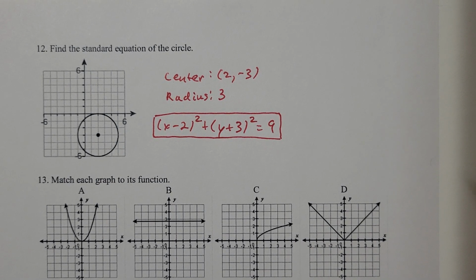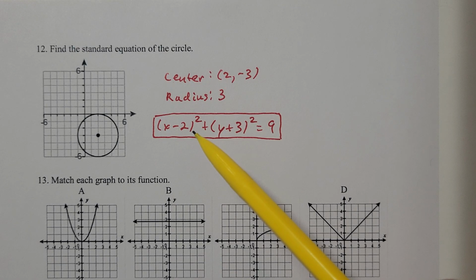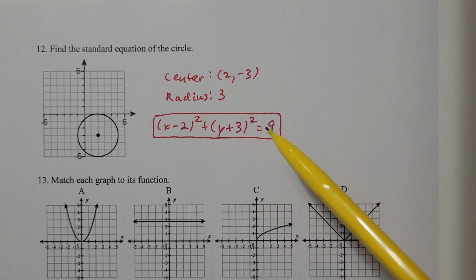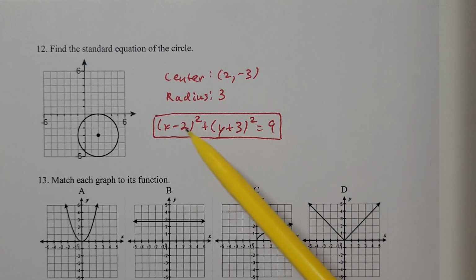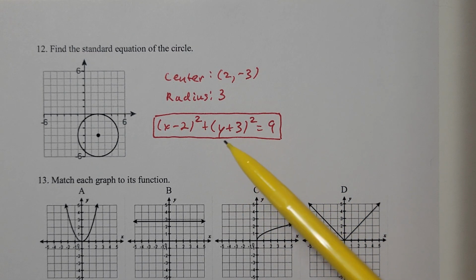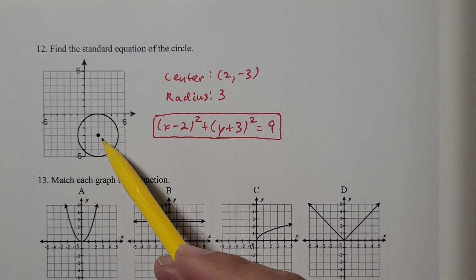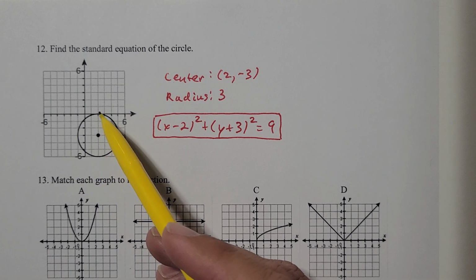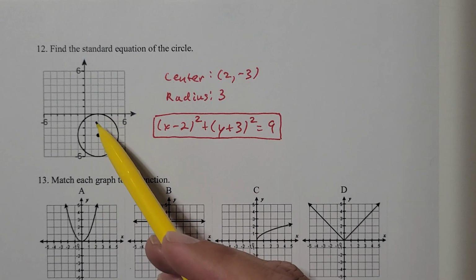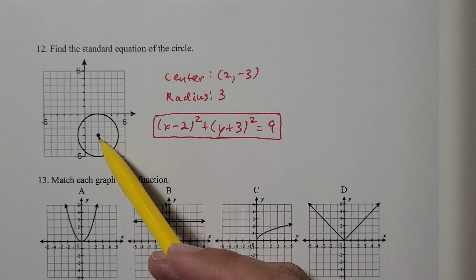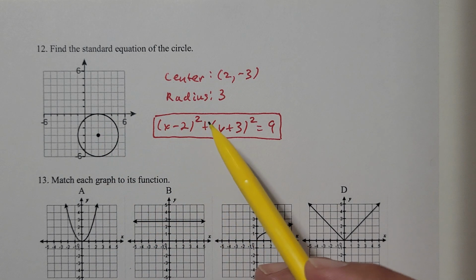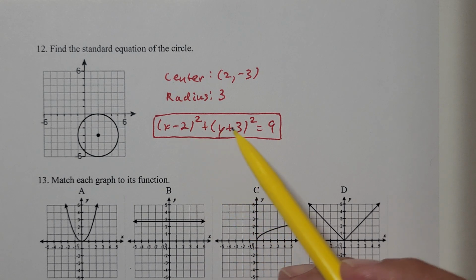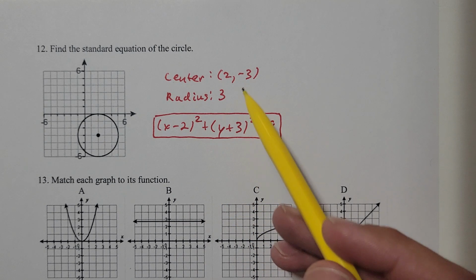Okay, now the standard form of an equation of a circle is where you have x minus h squared plus y minus k squared equals the radius squared. hk, that's the center point of the circle. So when I look at this graph, the center is at 2, -3. So h is 2, and k is -3.